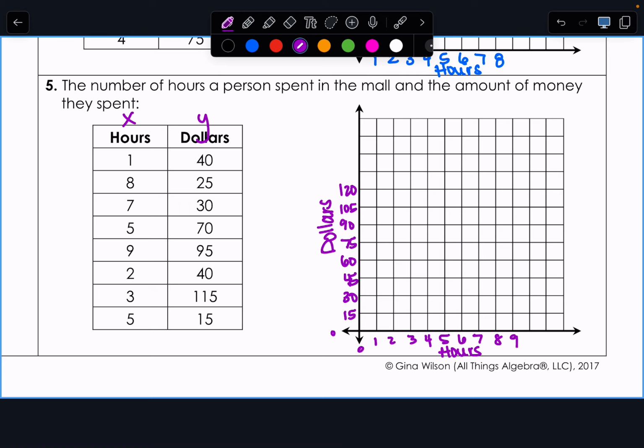Okay, so now each of us need to take the time to plot these coordinates. Be as close as you can to where they need to be.